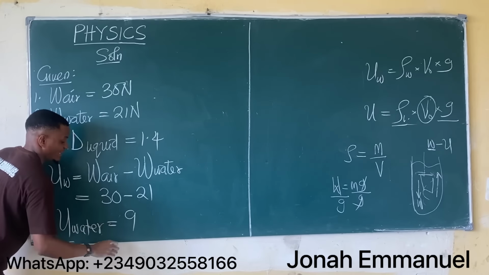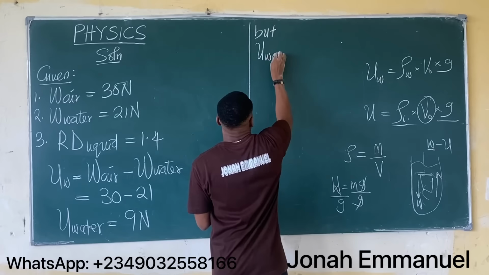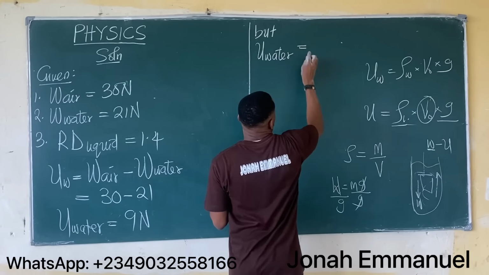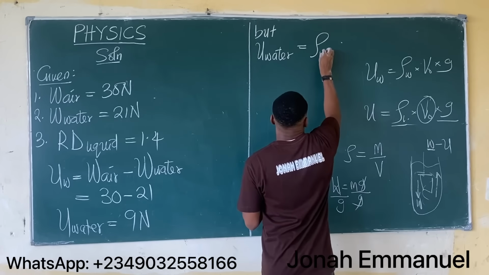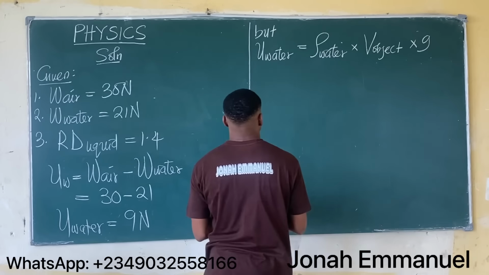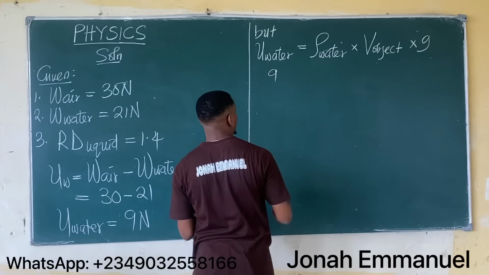But I also know that upthrust in water is equal to density of water times volume of object times gravity. So from here, I can get the volume of the object.